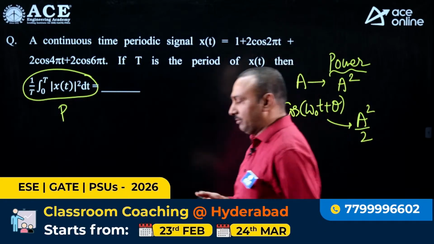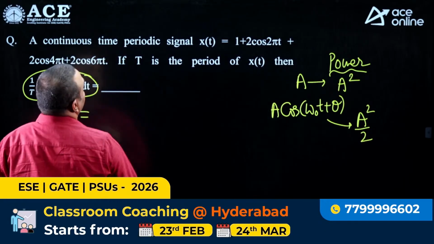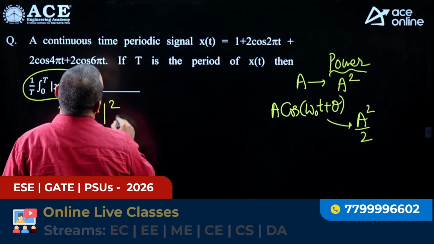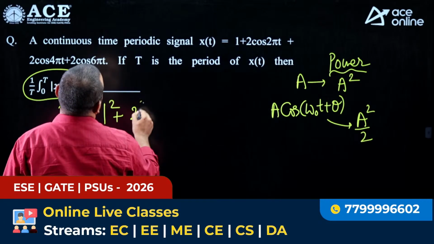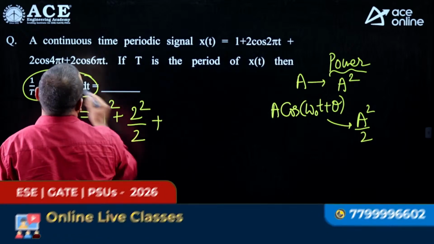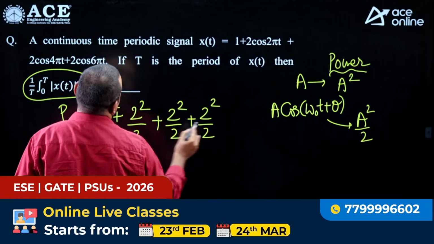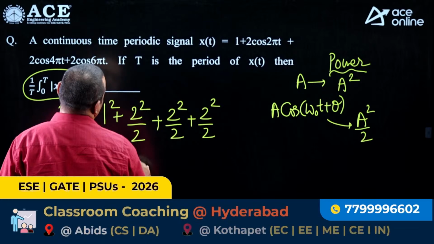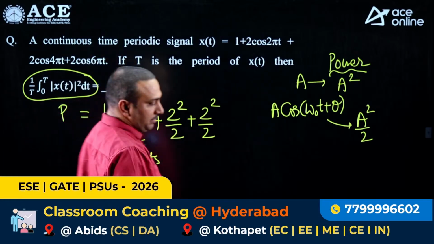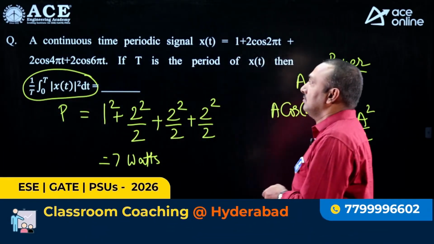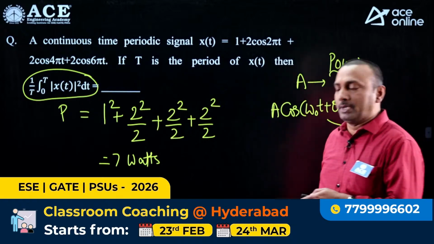Use that relation, we are in a position to know the power. So the power equals 1 square for the first, for the second sinusoid given 2 square by 2, here also 2 square by 2, last one 2 square by 2. That comes to around 7 watts. Very easy model. Directly power is asked, power in the periodic signal.